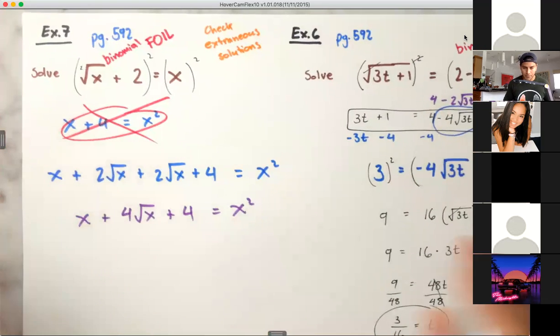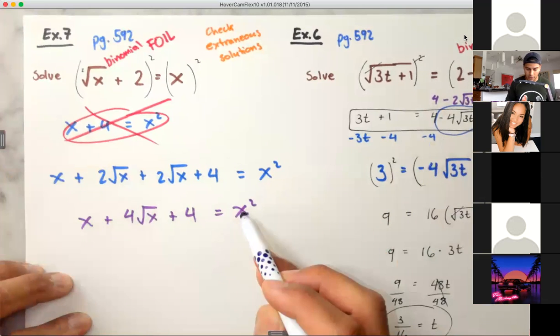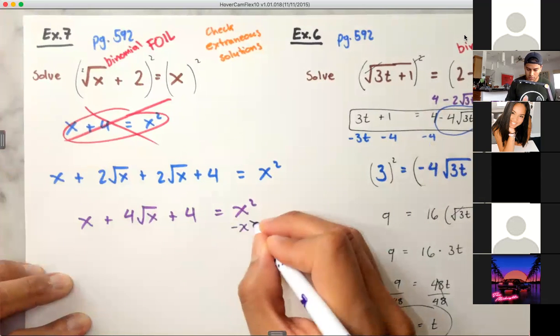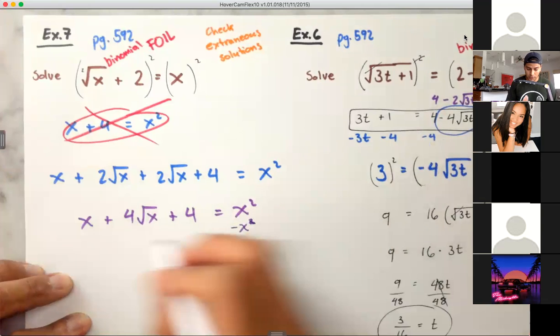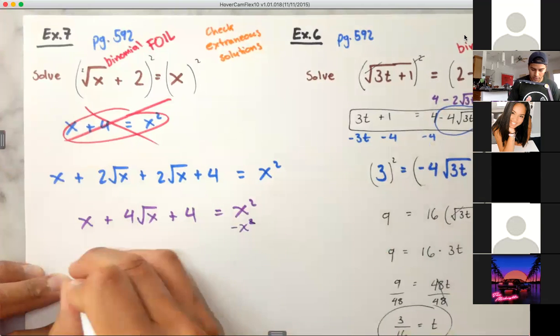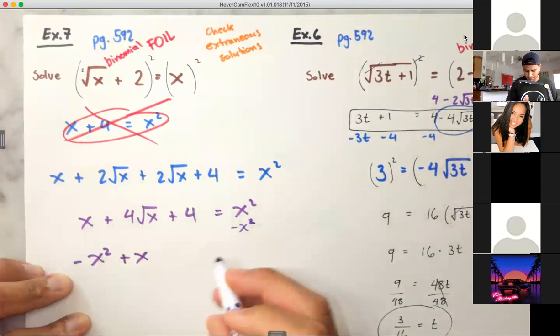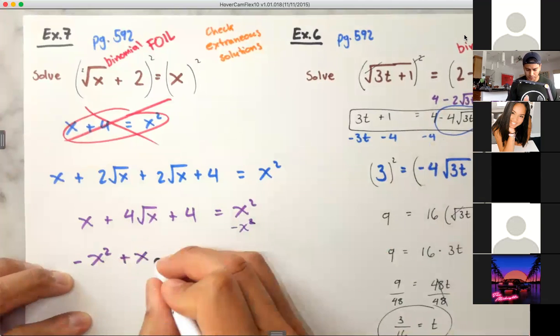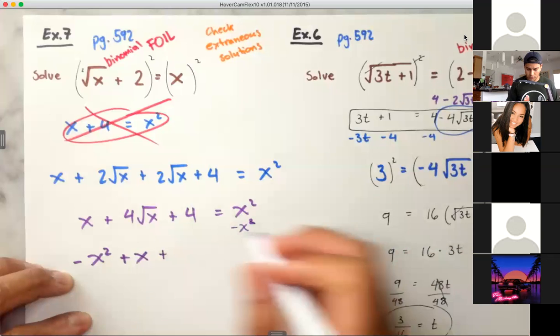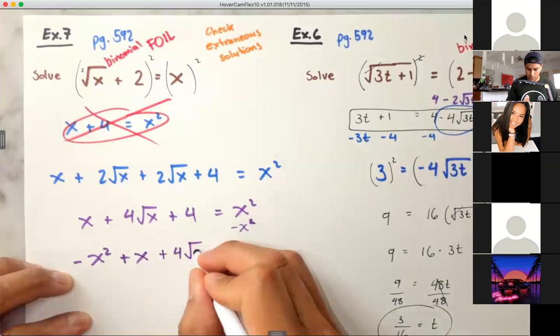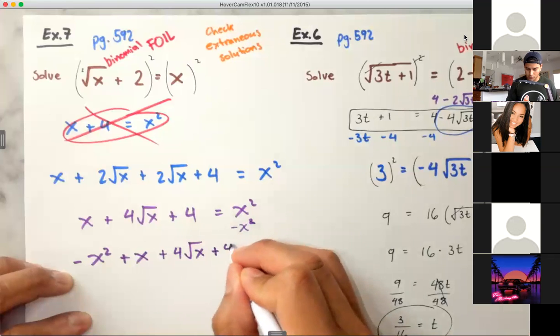By factoring. So to solve this, we're gonna have to move this x squared over here, and we're gonna end up with negative x squared plus x plus 4 square root of x plus 4 equals 0.